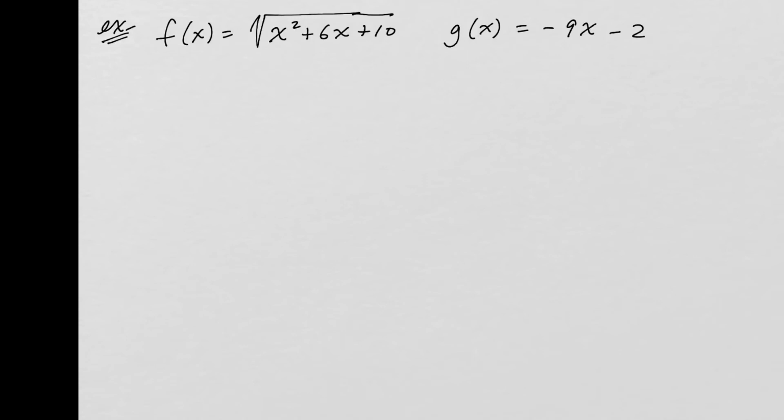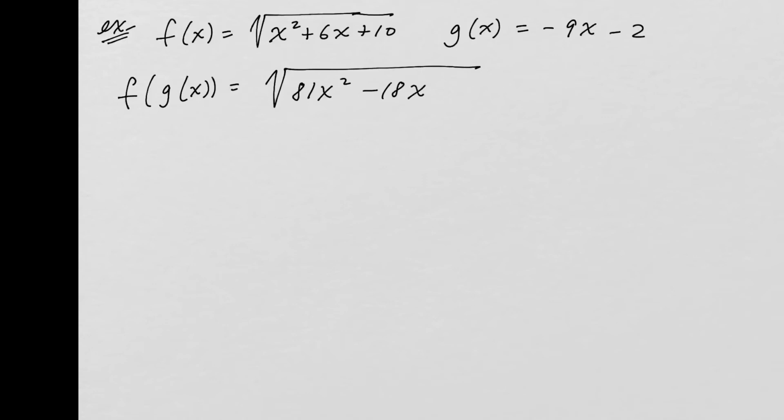Okay, so in general, we found f of g of x, right? Which is true for any input x. And we found it to be the square root of 81x squared minus 18x plus 2. What if I wanted to find f of g of 1?